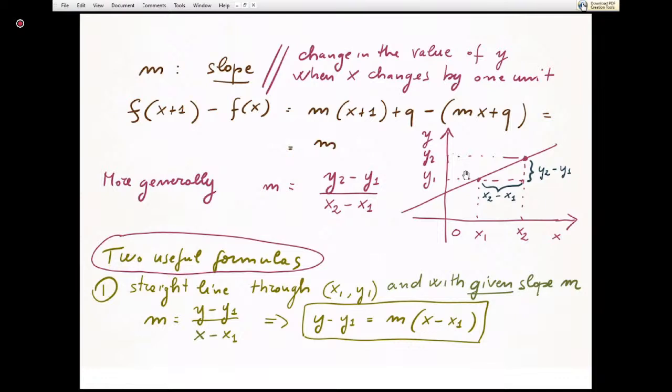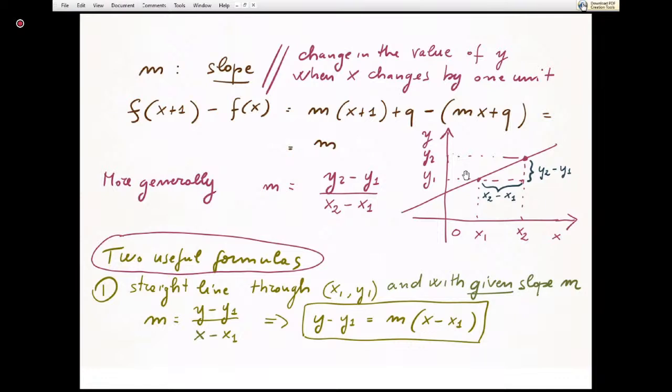More generally, you don't even need x to change by 1 unit. The change of x can be any change, okay? The change of x is not 1 unit, it is x2 minus x1. This interval is the change of x. Put this in the denominator. What is the corresponding change of y? It's y2 minus y1. Put this in the numerator.